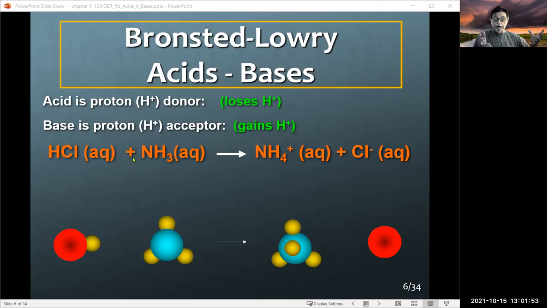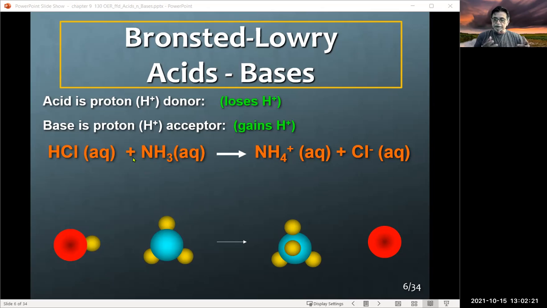And then there's two definitions of acids. One is called the Arrhenius definition. The Arrhenius definition is any compound that, when put in an aqueous solution, dissociates, that's the important part, and produces a proton, that is a hydrogen atom that has lost its electron, the H+. That is defined as an acid, okay?